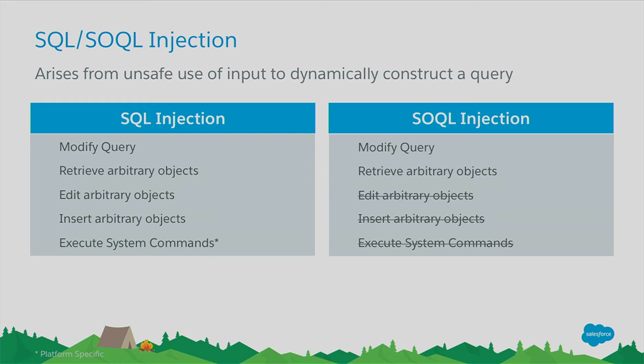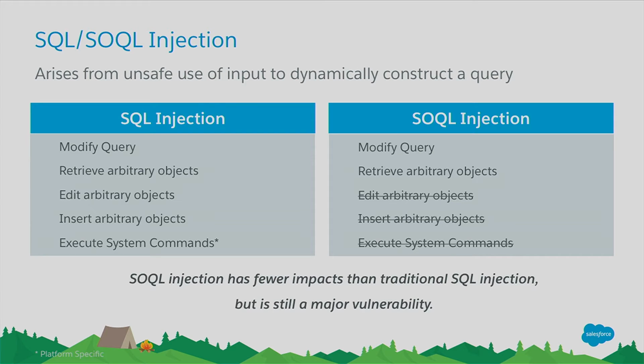On SOQL, I can't do that because there's no way to write to the database. So the point of this is that SQL injection has more impacts than SOQL injection, but it still gives you really significant access to the application. You can basically read anything from the database, whether or not you're intended to view that information.